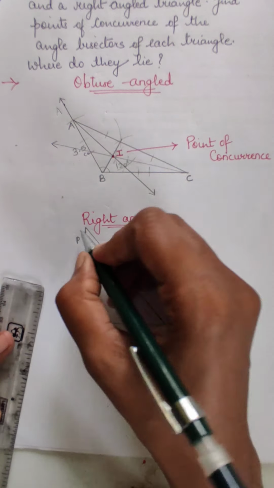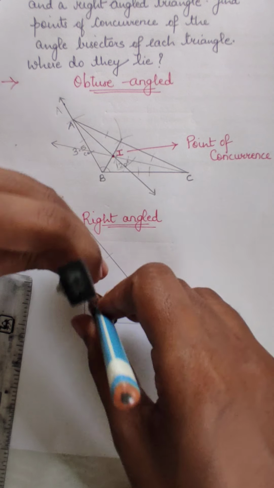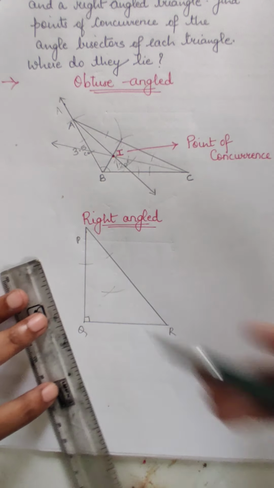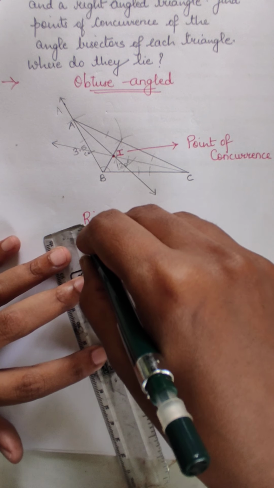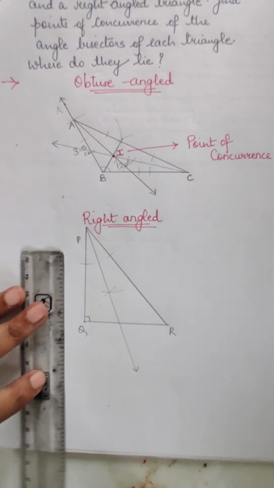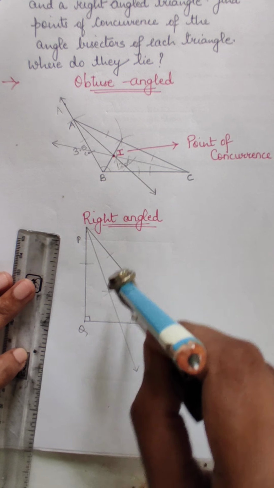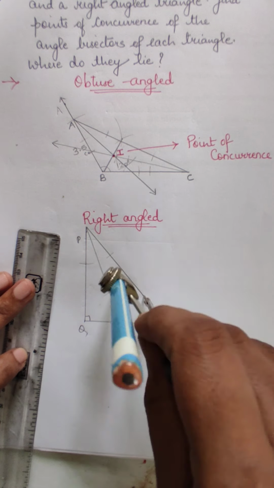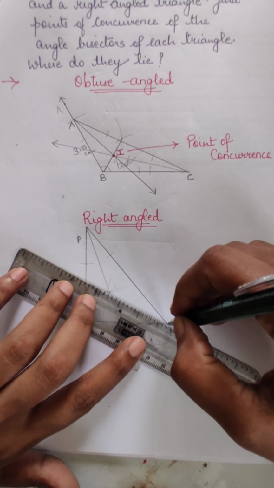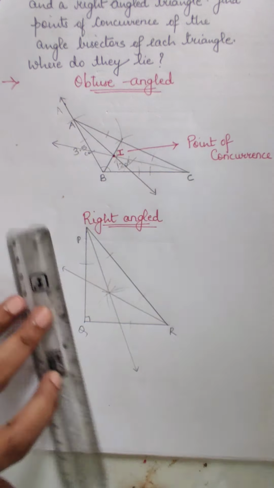Now again I have three angles, so I will get three angle bisectors. So I'll start with first angle P. So for angle P, then the angle bisector of angle R, here you get angle R, and then angle Q. So this is the construction of angle bisectors of every angle.